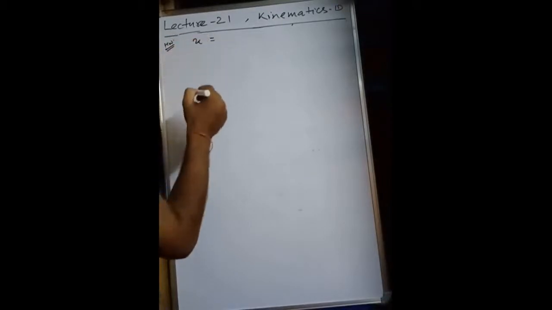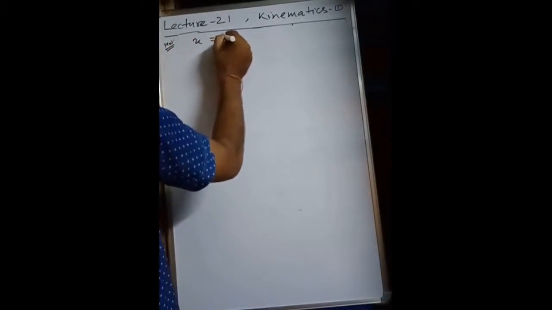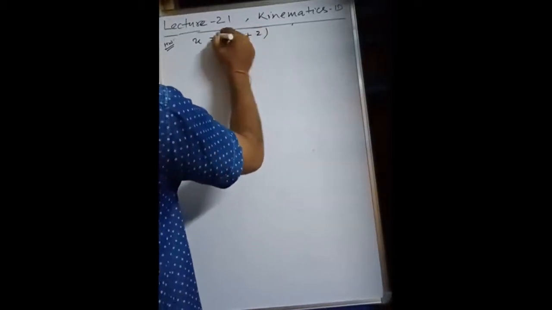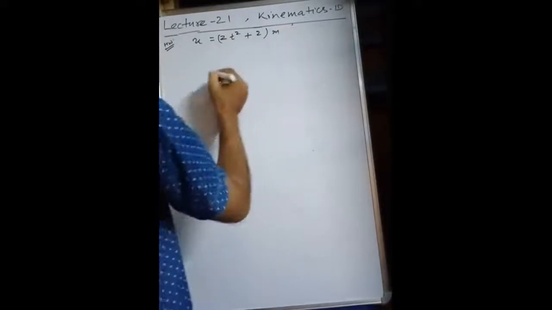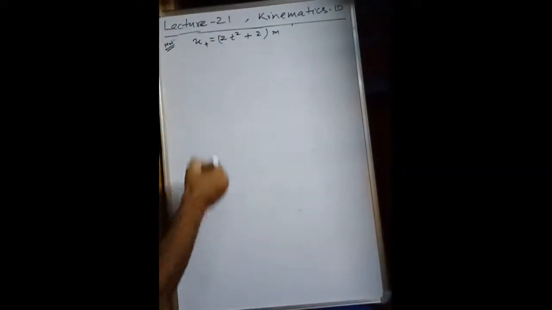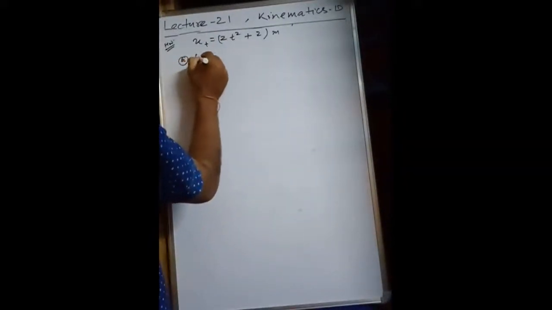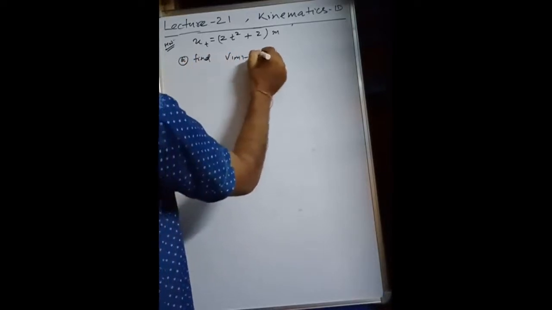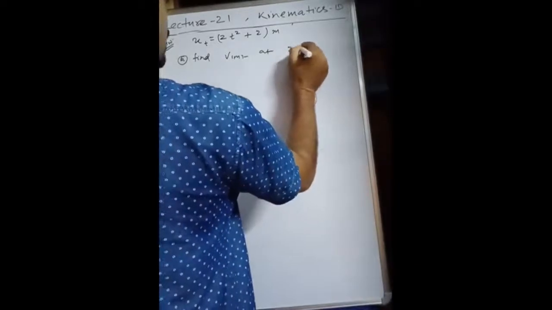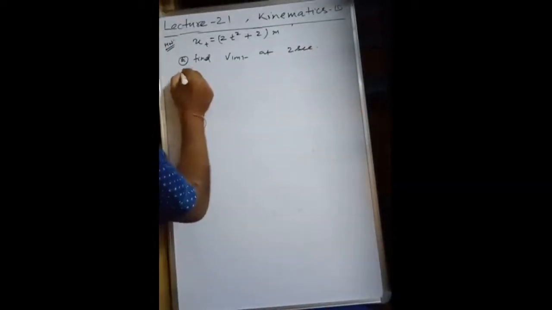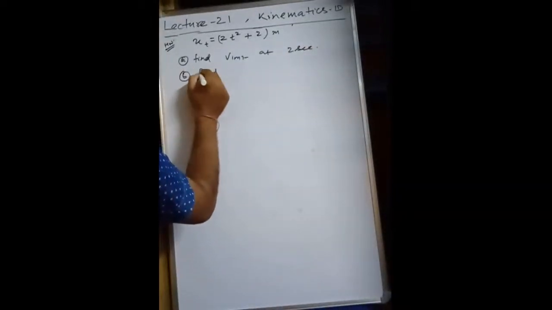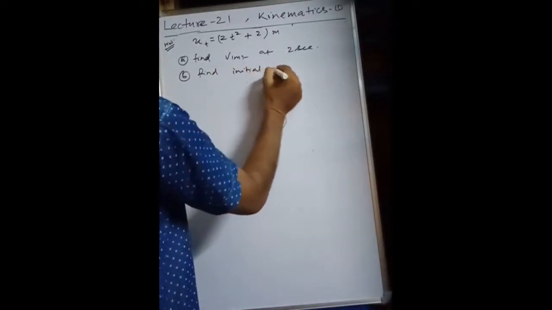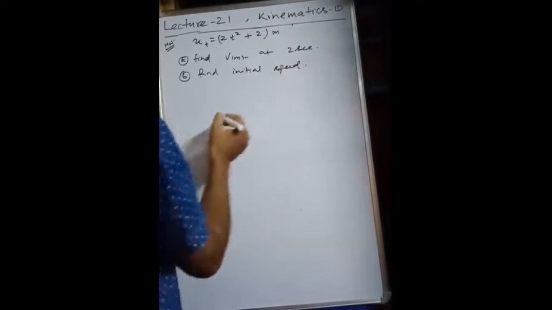x is equal to 2t square plus 2 meter. Okay, it is the instantaneous value. A, find v instantaneous at 2 seconds. Second, find the initial speed.